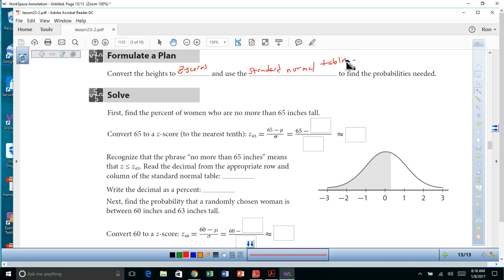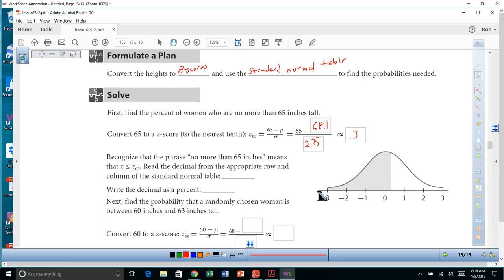First, find the percent of women who are no more than 65 inches tall. Convert 65 to a z-score. That's going to be 65 minus the mean, which is 64.1, over the standard deviation, which is 2.75, which works out to about 0.3.